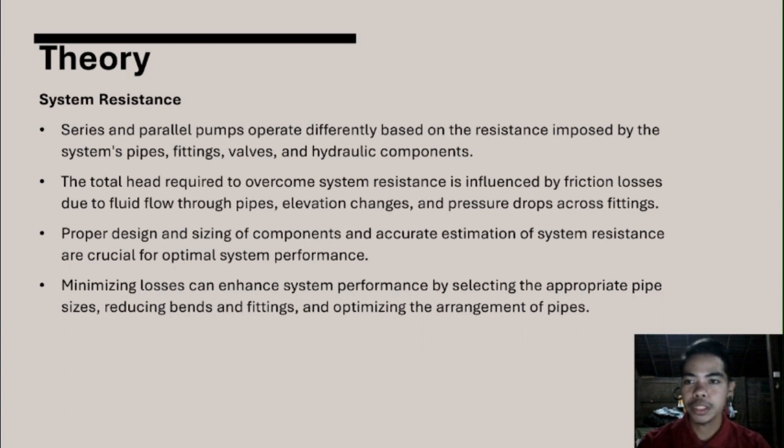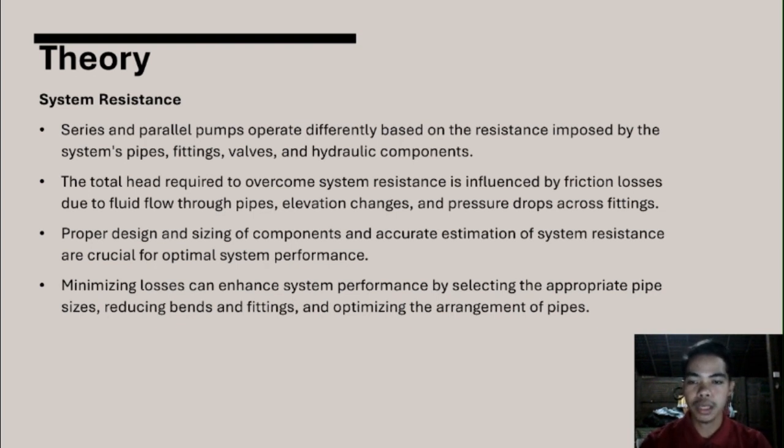For the system resistance, series and parallel pumps operate differently based on the resistance imposed by the system's pipes, fittings, valves, and hydraulic components. The total head required to overcome system resistance is influenced by friction losses due to fluid flow through pipes, elevation change, and pressure drops across fittings.